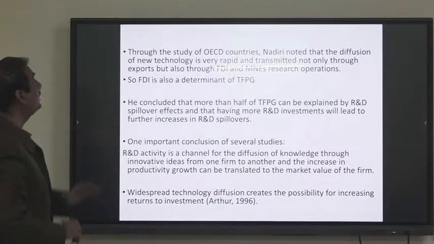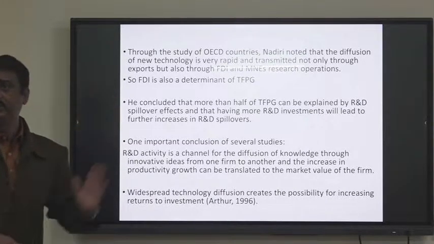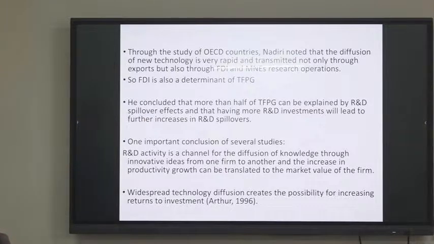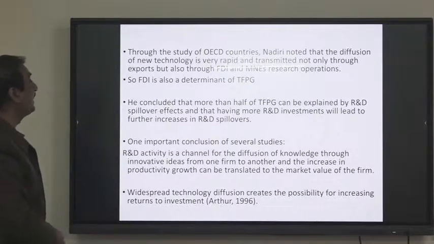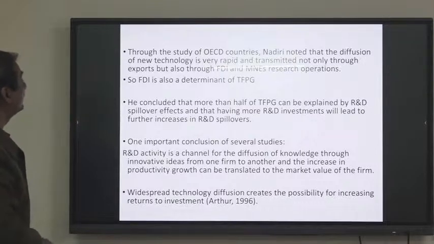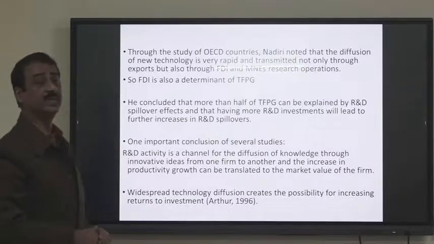Through a study, the OECD, Organisation for Economic Co-operation and Development countries, had conducted a study, and they noted that the diffusion of new technology is very rapid and transmitted not only through exports but also through FDI and MNEs' research operations.